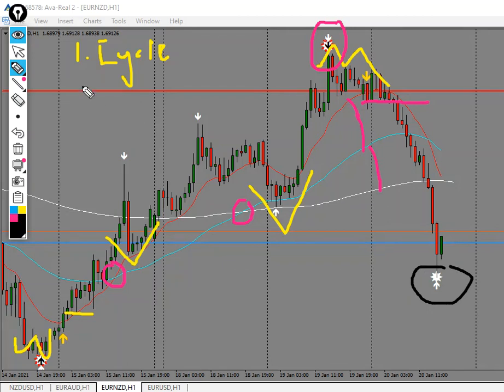So the entry magnifier is kind of the missing piece of the puzzle for your strategy, for the BTMM strategy. So we identify the cycle. Number 2, we identify the pattern, right? It's really important that you identify a valid pattern. Sometimes they can give you a wrong pattern.